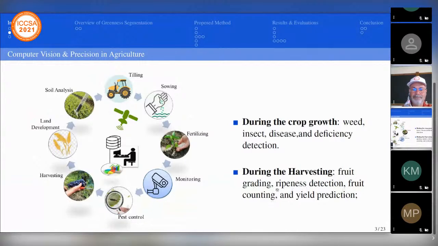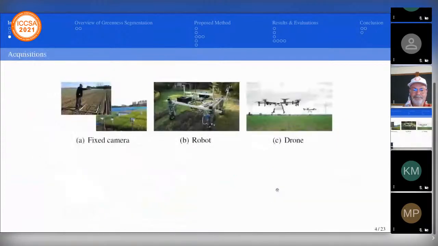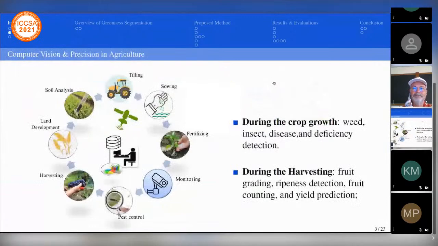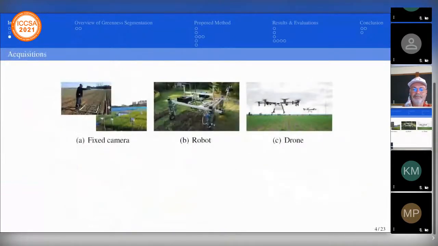As a first step to establish a vision system in agriculture, three ways are used. Cameras are fixed on different locations of the crop to get samples, or we use robots that move through the plant rows. For the huge surfaces, we use drones.